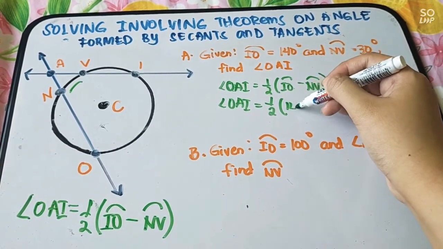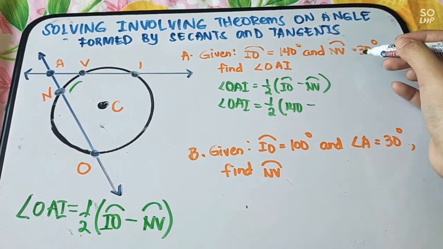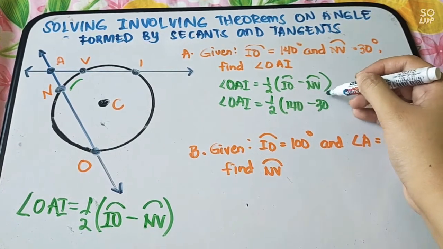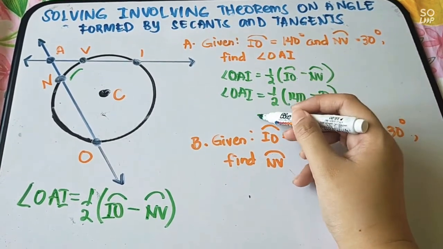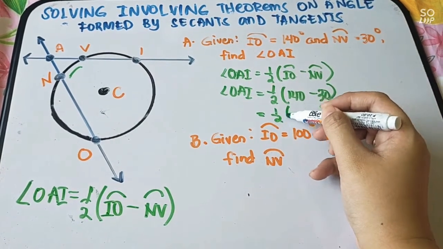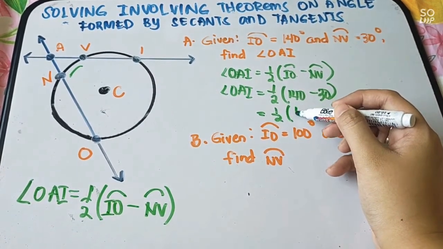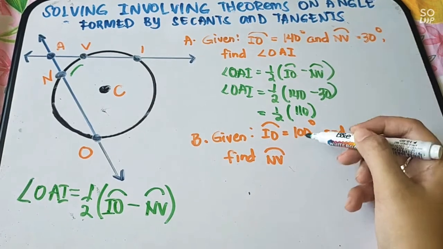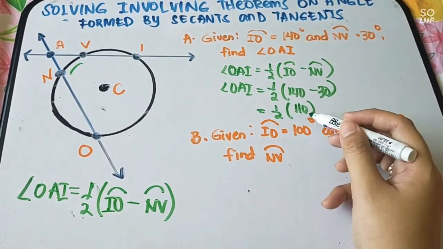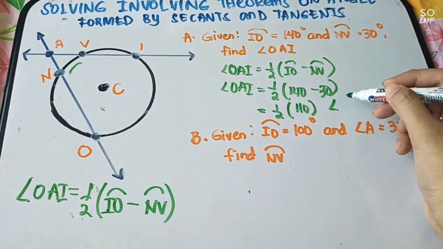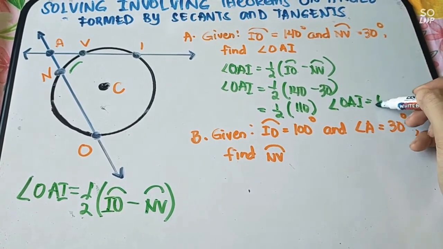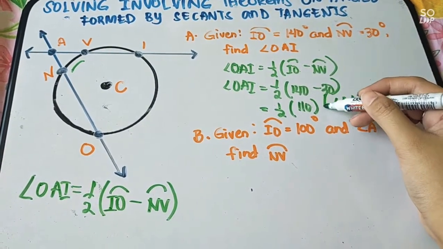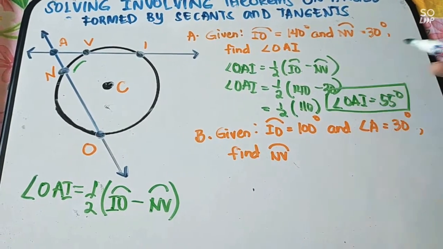IO is 140 minus si NV 30. So, subtract mo lang. 140 minus 30. So, we have here 1/2 of, the answer is 110. Divide mo lang. So, 1/2 ni 110. Therefore, si angle OAI, anong kalahati ni 110? That is 55 degrees. So, yun na yung sagot mo.